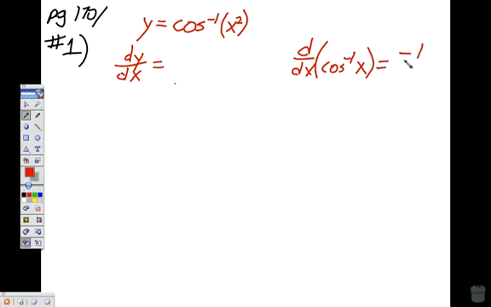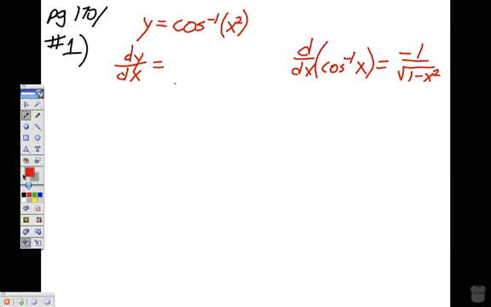It's -1 over the square root of 1 minus x squared. But that's for the inverse cosine of x, not the inverse cosine of anything else.